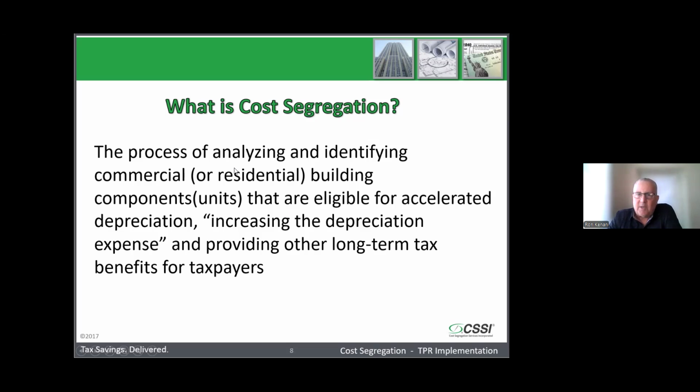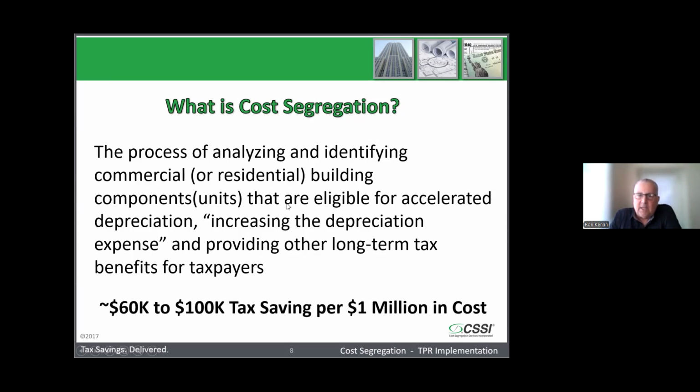So this is a very simple definition. We analyze the property to identify building components that are eligible for accelerated depreciation, increasing our depreciation expense, keeping money in our pocket. Just as a general rule of thumb, and don't take it as the one and only rule, you can save probably anywhere between 6 to 10% on your cost in the short term.